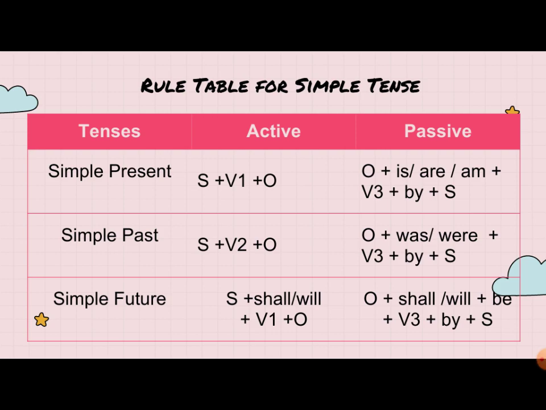So, simple present: the subject that comes before the verb in active voice should go after the verb in passive voice, and the object will come before the verb. So this is the formula for changing the active voice into passive voice.